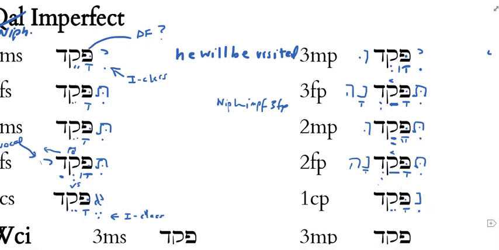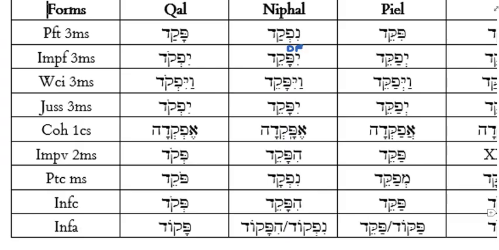Now let's take a look at the principal parts page here. The next principal part is the WCI 3MS, or the vayyiqtol 3MS. What have we learned about the vayyiqtol, or the WCI? Well, we've learned that it is basically identical to the imperfect, except we have the special pointing of the vav prefix and the doubling dot in the prefix letter.